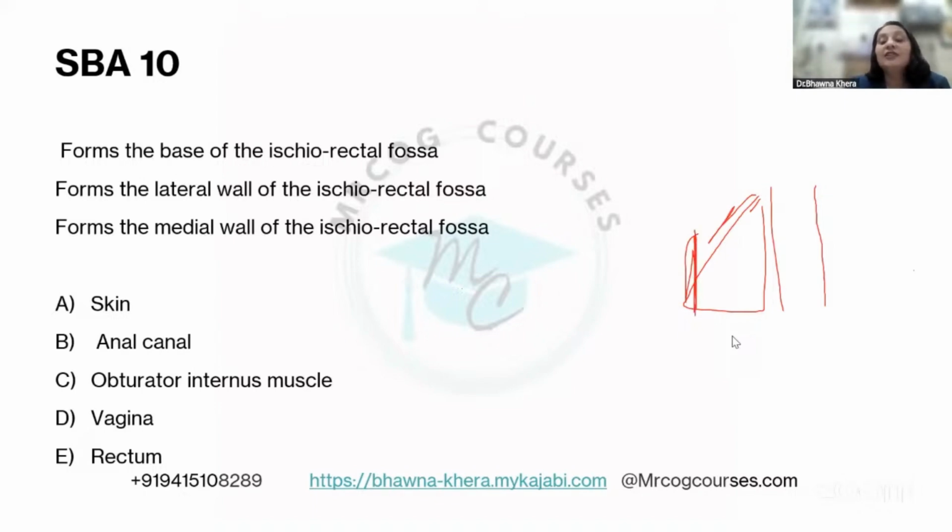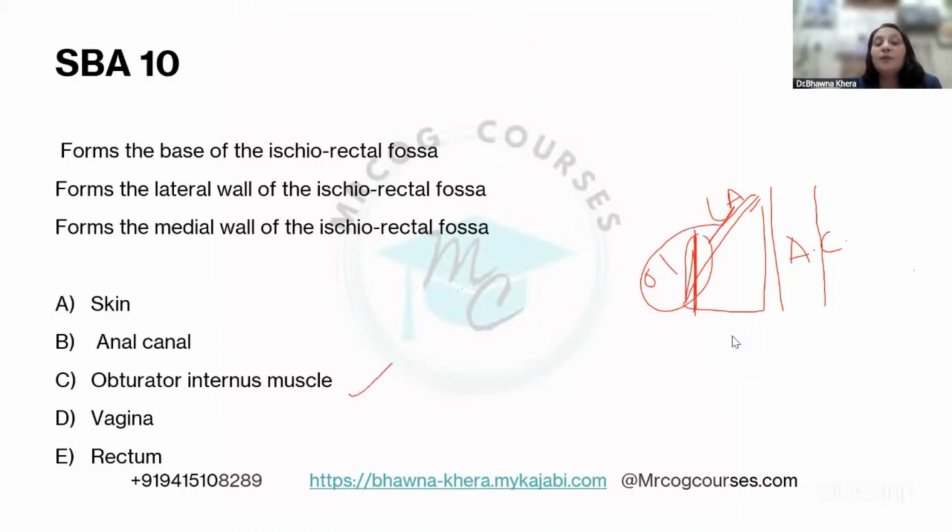So this is the triangular space, this is levator ani, this is obturator internus, and this is the anal canal. So skin is the base, and what forms the lateral wall of the ischiorectal fossa? The obturator internus. So lateral will be the C answer.